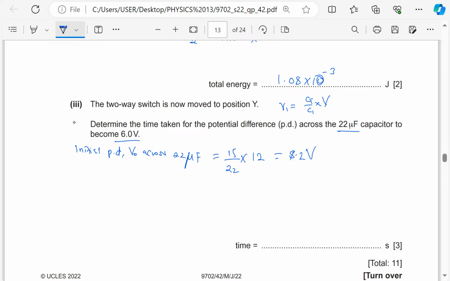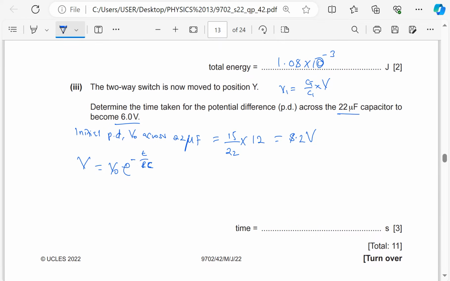If that is the initial PD, I'll use the discharge equation: V is equal to V naught e power minus t divided by the time constant, R times C. So V is 6.0, but the initial was 8.2, times e power minus t over R, where R is the resistance, which was 2.7 times 10 to the power of 6, times the total capacitance, which is 15 times 10 to the power of minus 6.